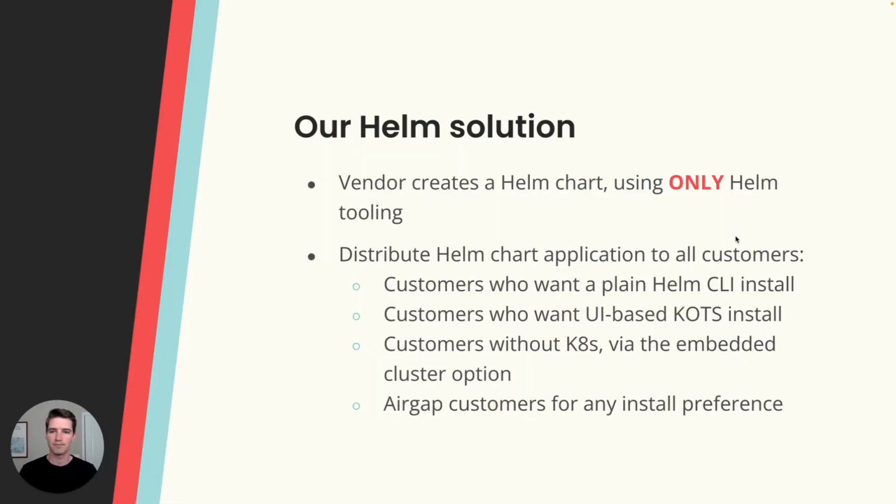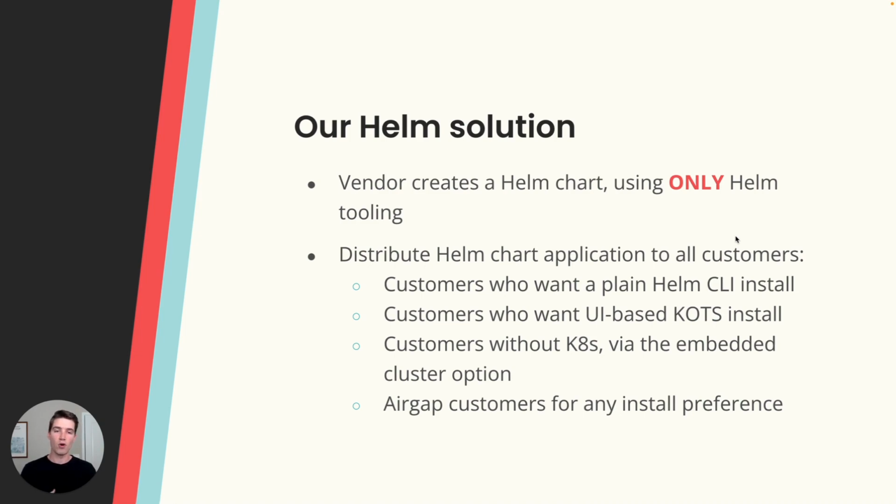So our Helm solution is that a vendor creates a Helm chart using only Helm tooling, and then they should be able to distribute that Helm chart to all of their customers regardless of their customer circumstances. So customers who want a plain Helm CLI install and just run Helm install, they should be able to do that.